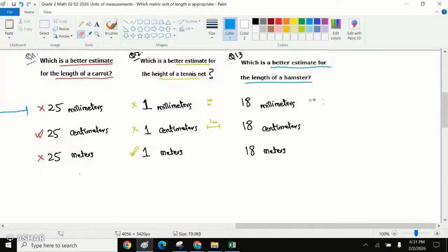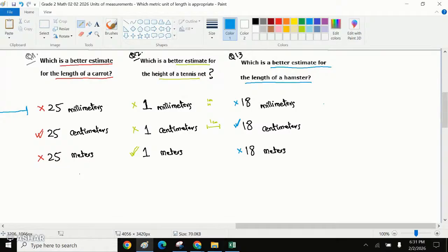Or you cannot have a pet that is bigger than maybe 6 cars. It's very difficult to find a pet bigger than 6 cars. So 18 meters is not recommended, millimeters is not recommended, but centimeters is preferred.